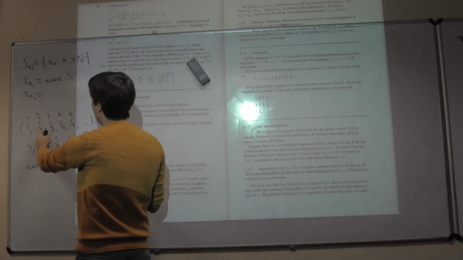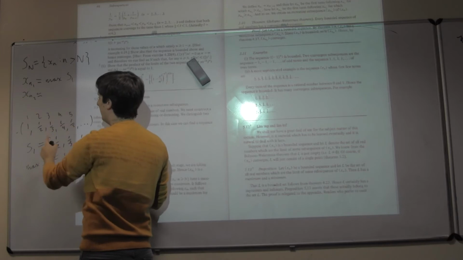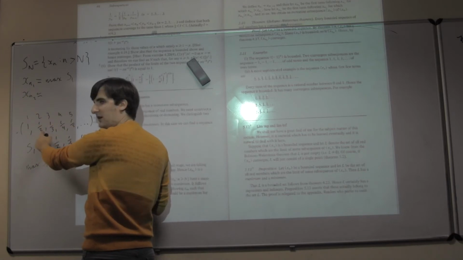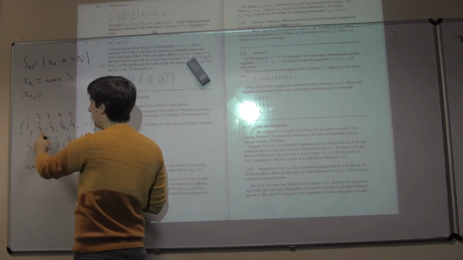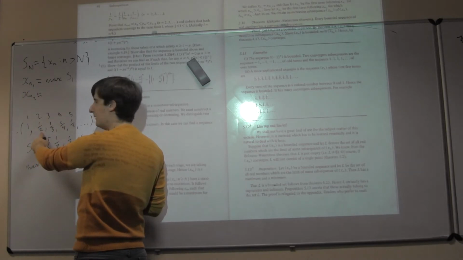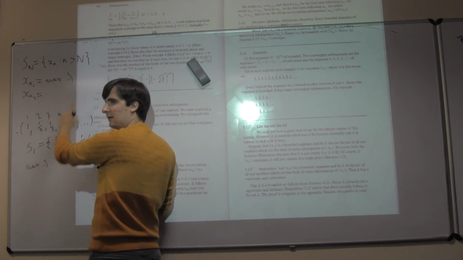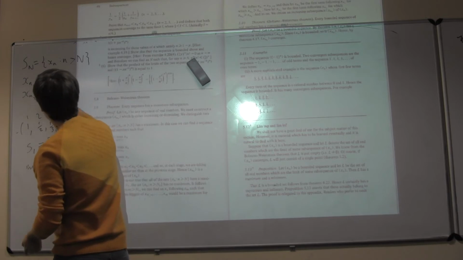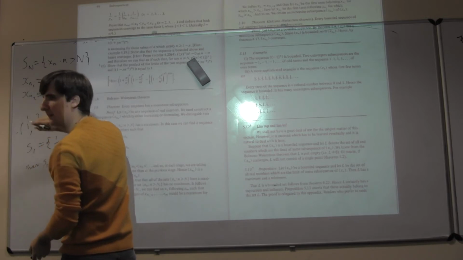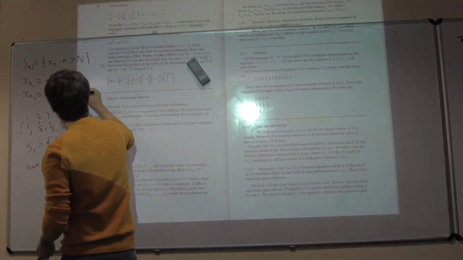So we can find a particular n sub 1 which tells us which element of the sequence that was. Here n sub 1 will be equal to 2, because the second element of the sequence is equal to the max of S1. Then we define the next element as the max of S n sub 1.